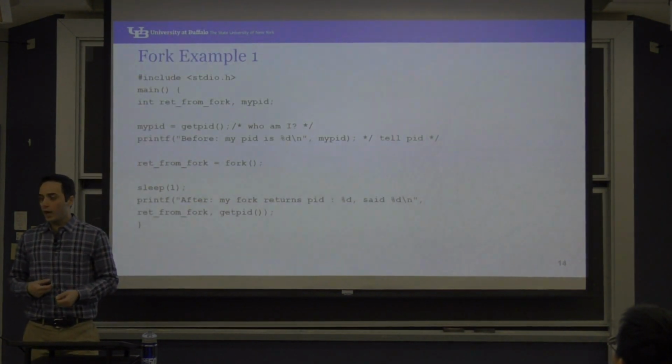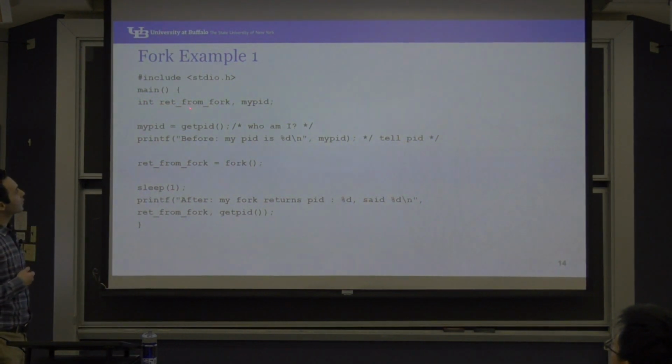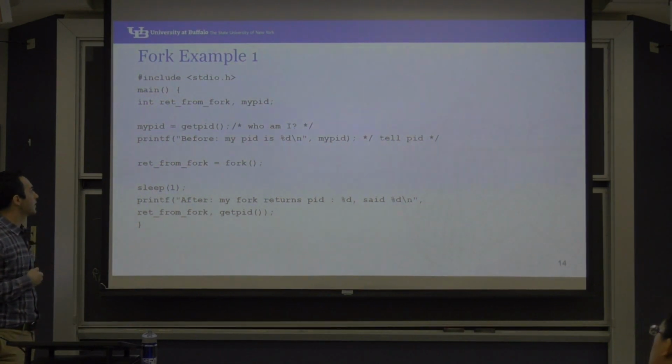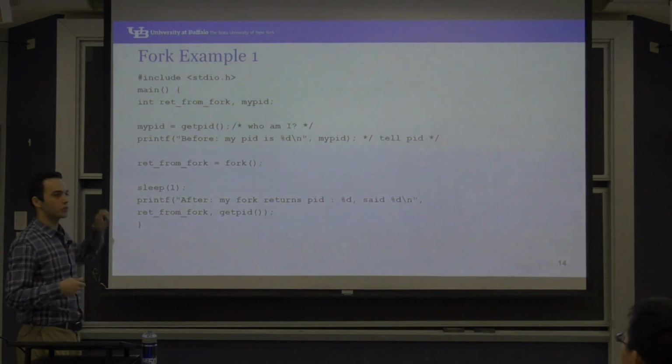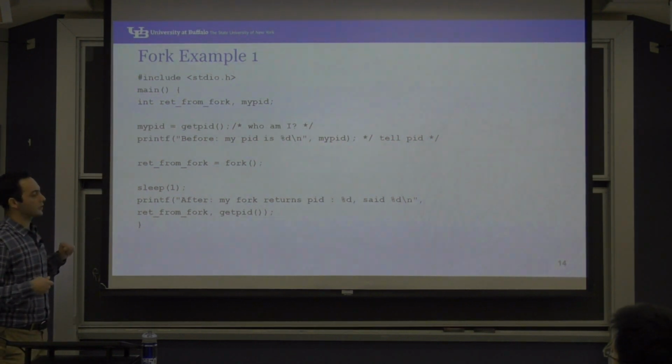So this is an example of this. If we have a return from fork and my PID is the getpid. Who am I, basically? You call this, and at this point you have only one process. So let's say we have process ID number 56, right? So my PID gets 56, and then "before my PID is 56" is what you print out on the screen. Now, return from fork is a fork.